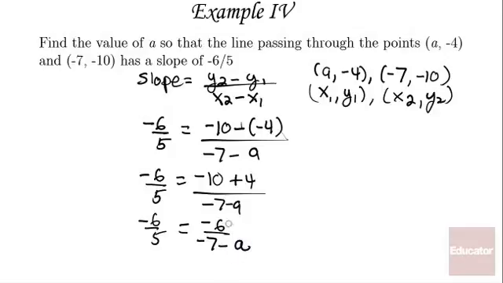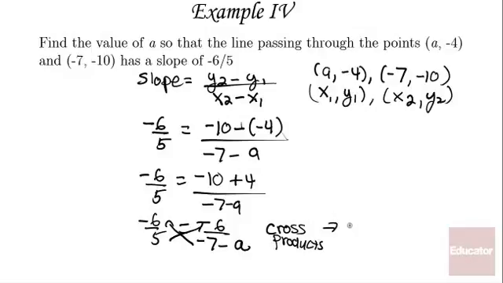What I have now is a proportion, and the way I can go about solving this then is to find the cross product. Remember, finding a cross product, I'm going to multiply the denominator of one side times the numerator of the other, and on this side I'll do the same, the denominator of the right side times the numerator of the left side. So find the cross products.